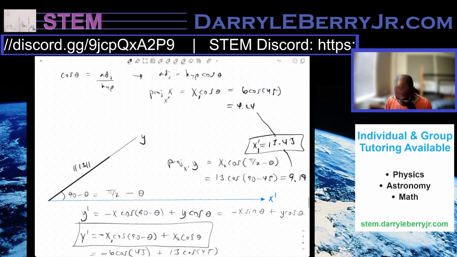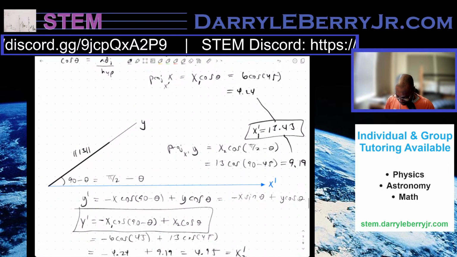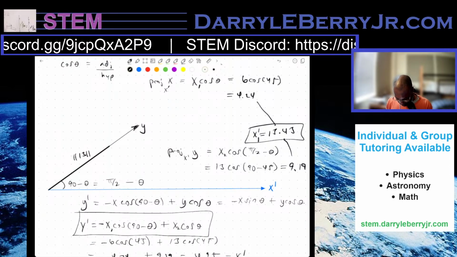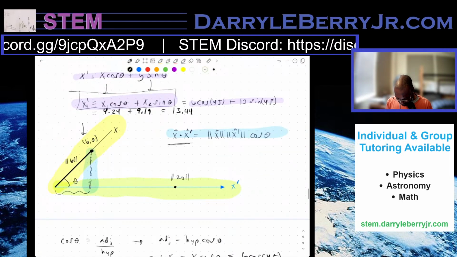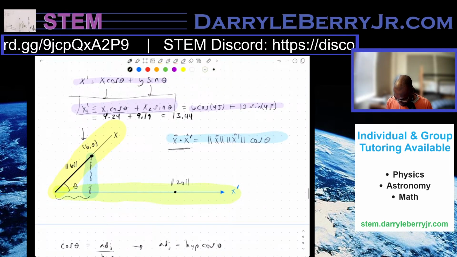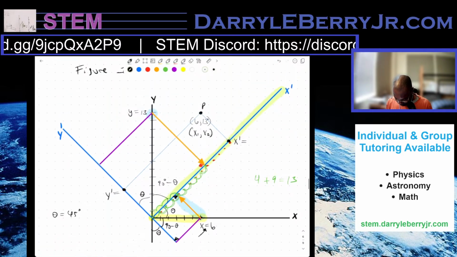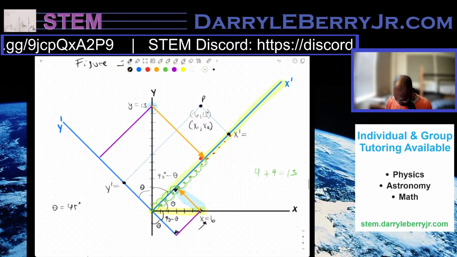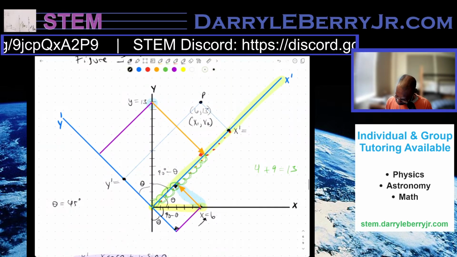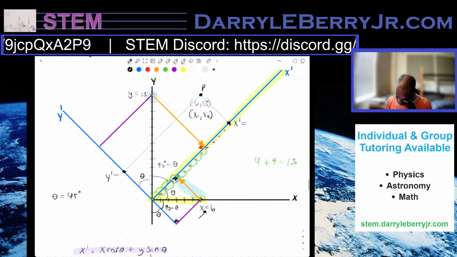But apparently what it really means is breaking this vector into xy components and taking the x component and the y component. Well, I guess technically the x component of each.